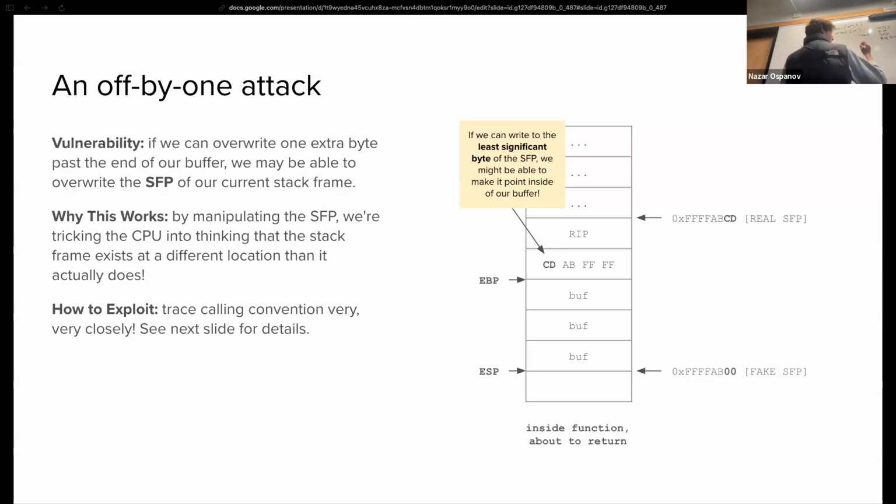If I have a buffer at FF, DB, 00, or something, what does my SFP have to be in order for me to be able to point to this? Because we can only change the least significant byte, so let's just say the SFP is 4 bytes. Which of these bytes have to match in order for this to work?